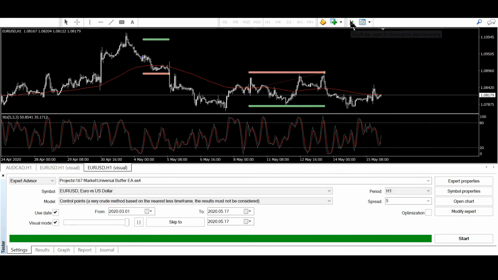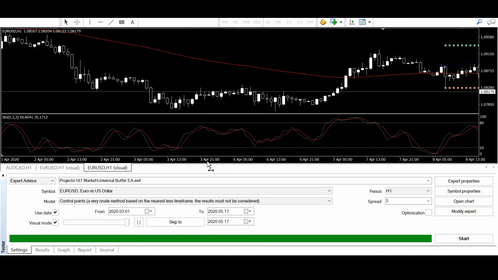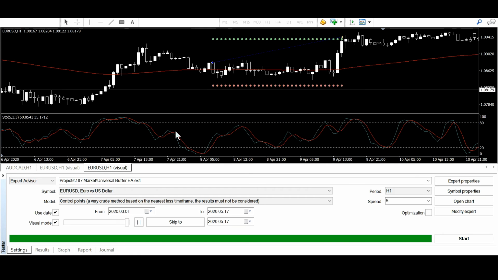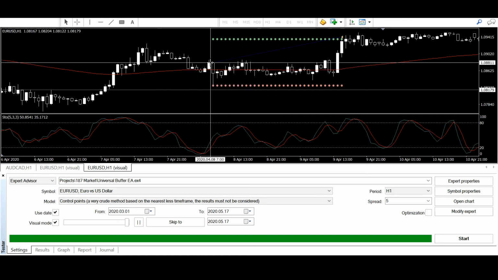So now we have some trades here. Let's check it out. If the stochastic was below the 20 mark and went above, and if the candle close was above the moving average, then we open a buy trade.